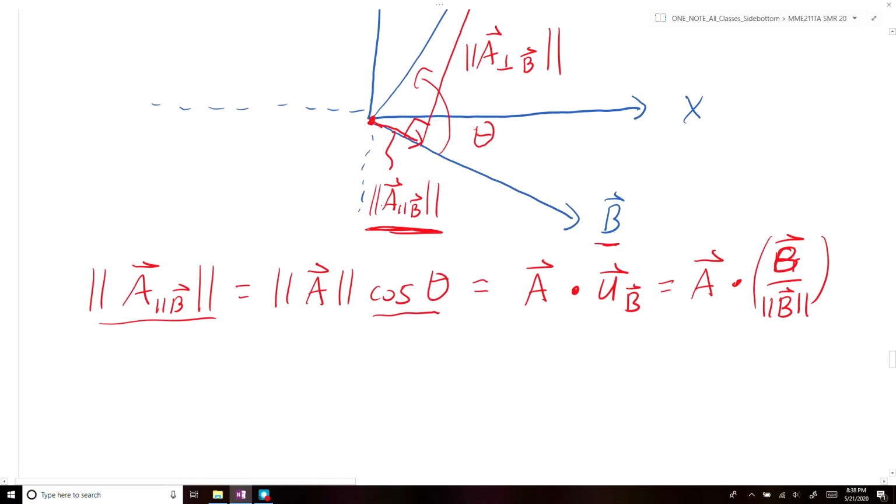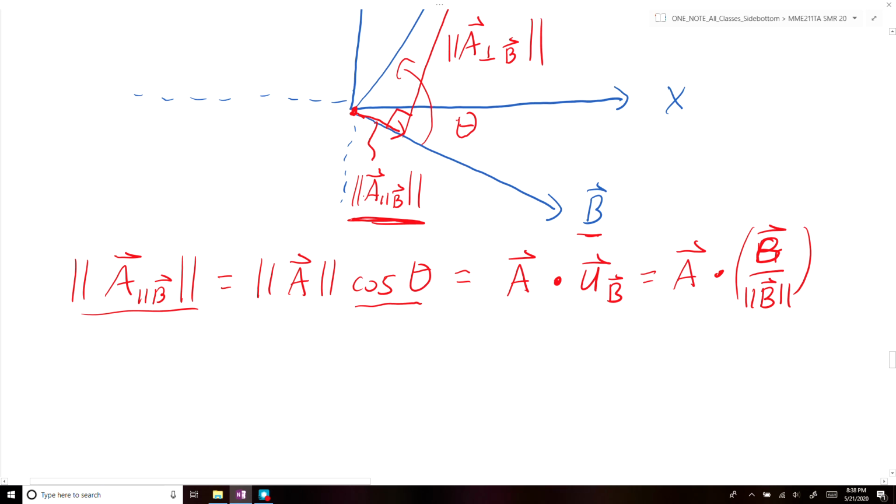Then, once you have the parallel component of vector A with vector B, you can calculate the magnitude of the perpendicular component, the component of vector A that's perpendicular with vector B, by taking the magnitude of vector A and multiplying by the sine of theta.